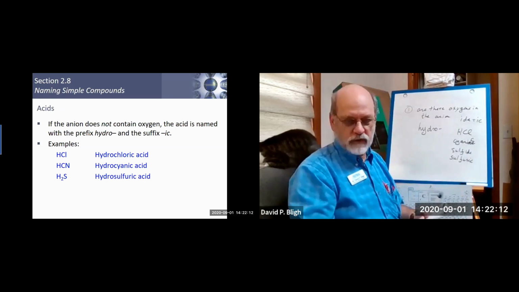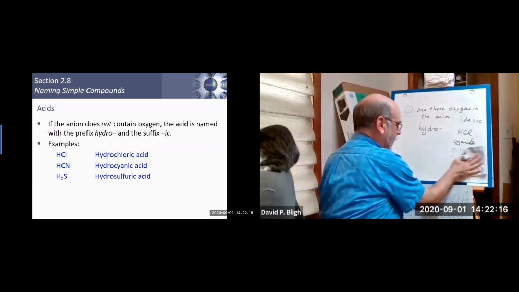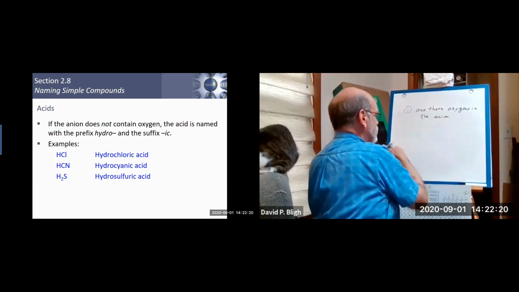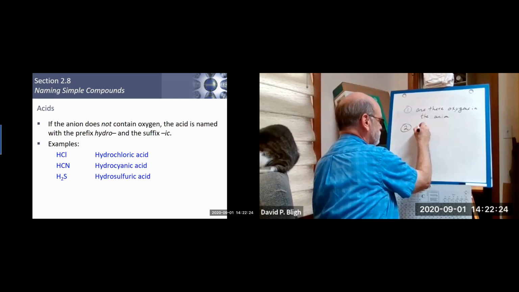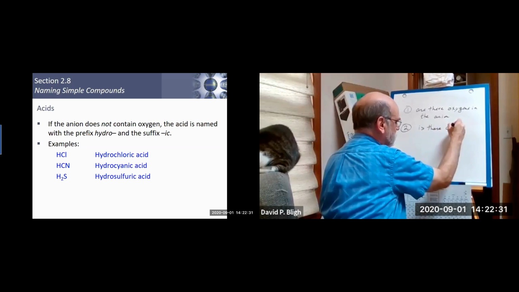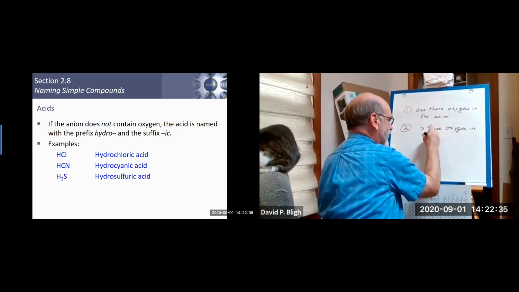So that's what happens if you don't have oxygen in the molecule. Now, of course, you're probably wondering, what do you do if you do? Well, how do you name one with oxygen? Okay. So is there oxygen in the anion?